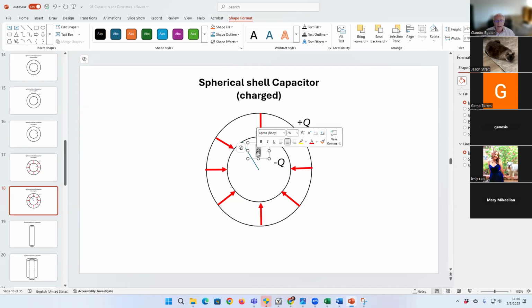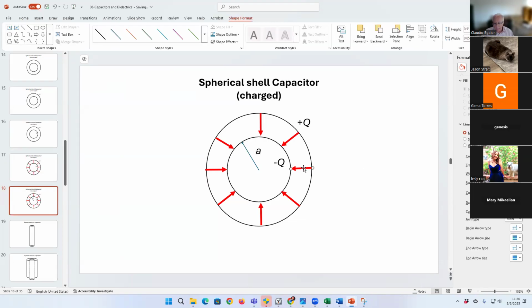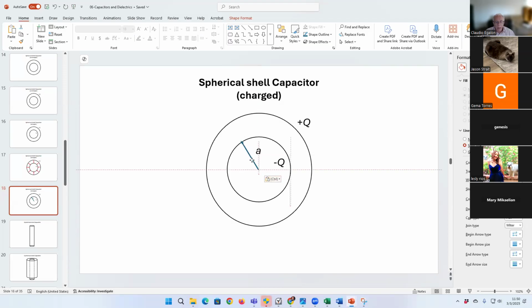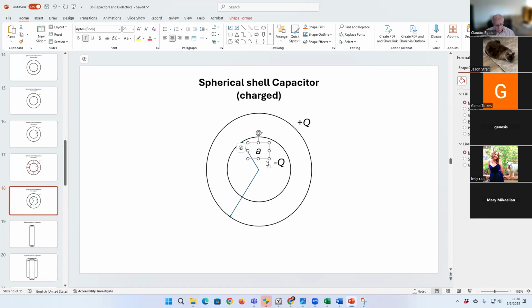Here's the radius A. And this other one is going to be the radius B.